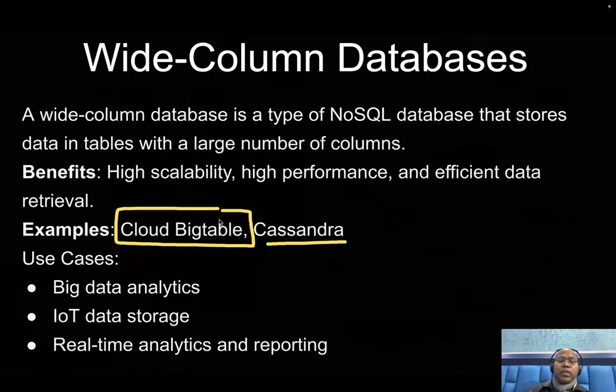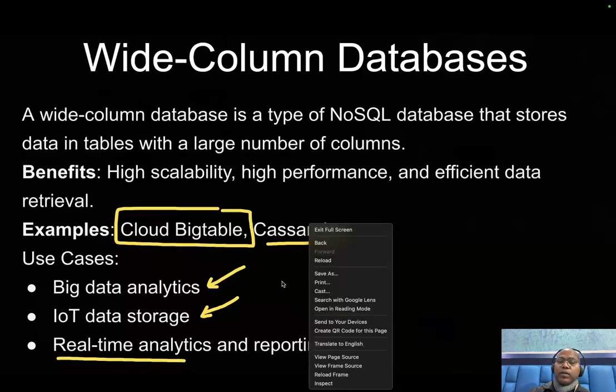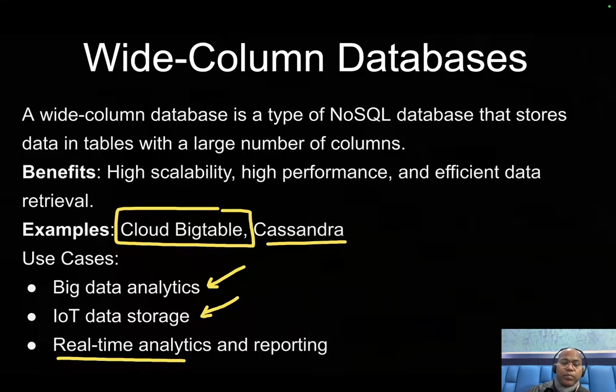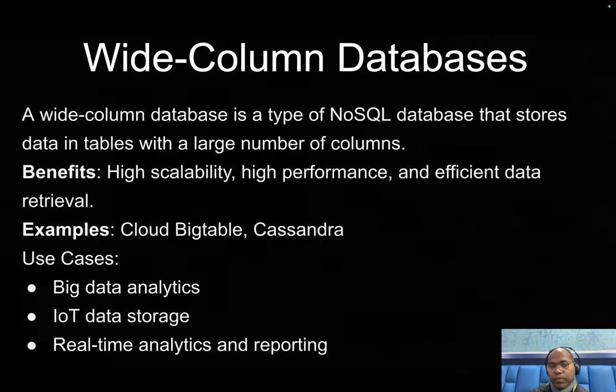These are very helpful whenever you are designing a system for big data analytics, IoT data storage, real-time analytics, or a reporting engine. In those scenarios, Cloud Bigtable is very suitable to meet your customer requirements.